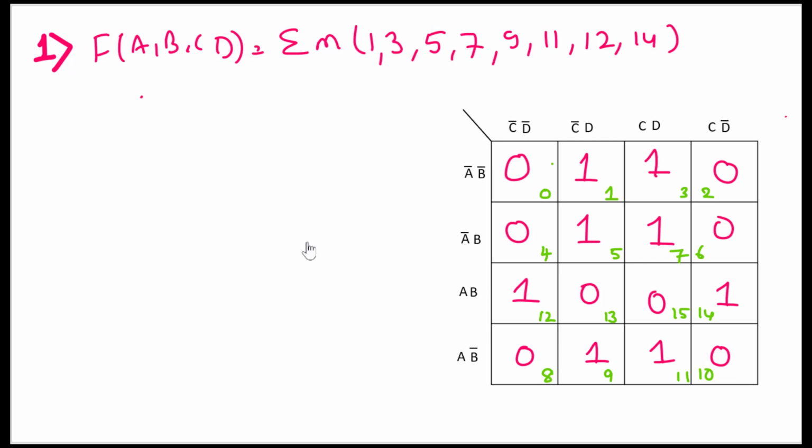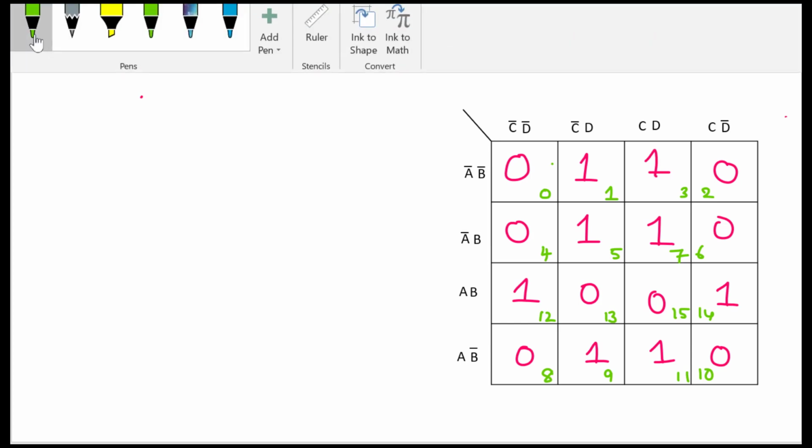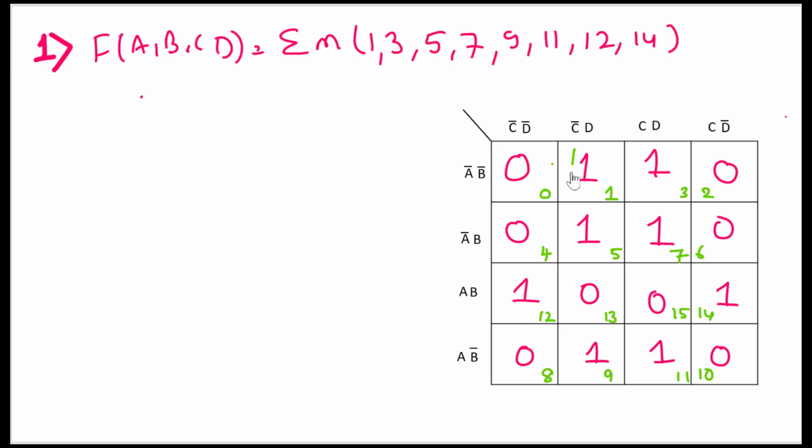So octet is not possible. The next one is a quad is possible. We try to see the quad formation. So you can form this 4 as one quad. Okay, then if you look at here, this one and this can also form a pair.